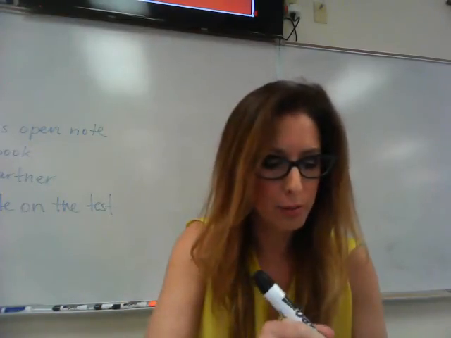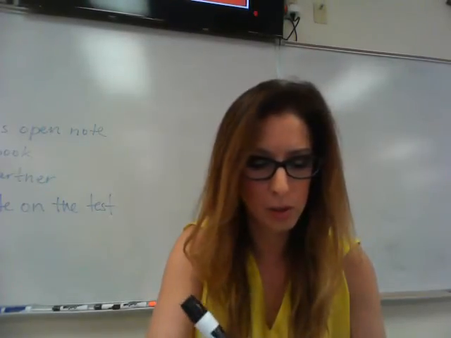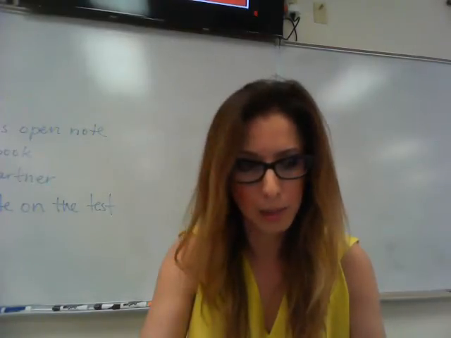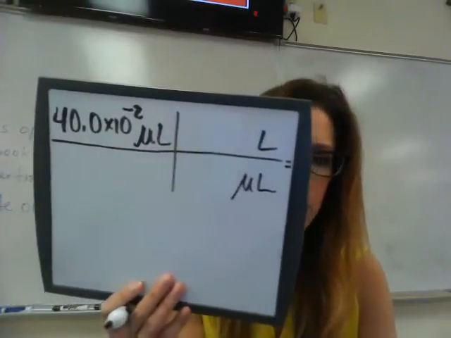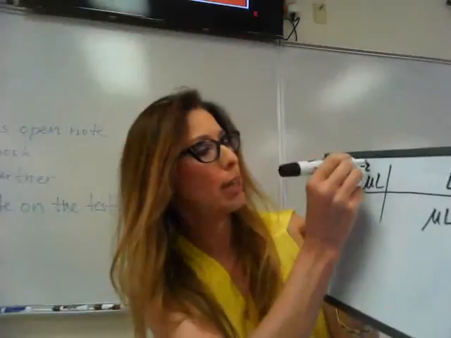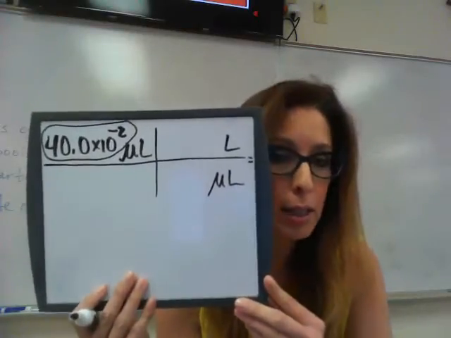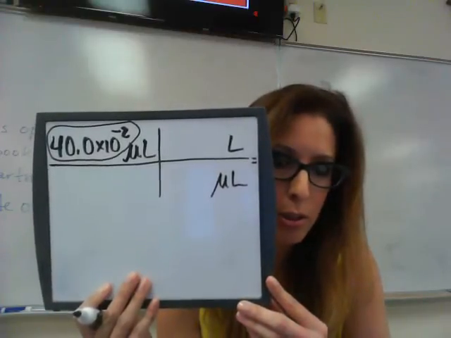So if we have 40.0 times 10 to the negative 2 microliters, and we want to convert microliters to liters, we're going to set it up so it looks like this. Remember, I told you that this right here is a number that's not going to need the multiplication symbol when we put it into our calculator, because that all goes together.